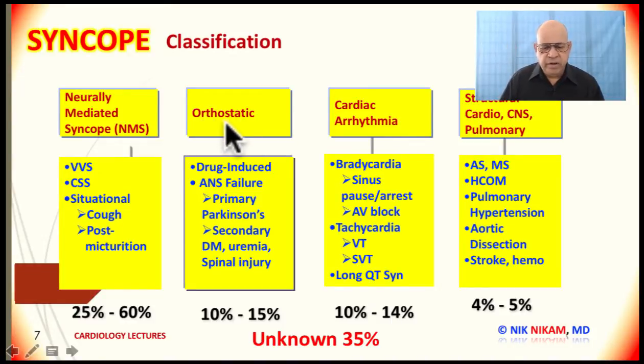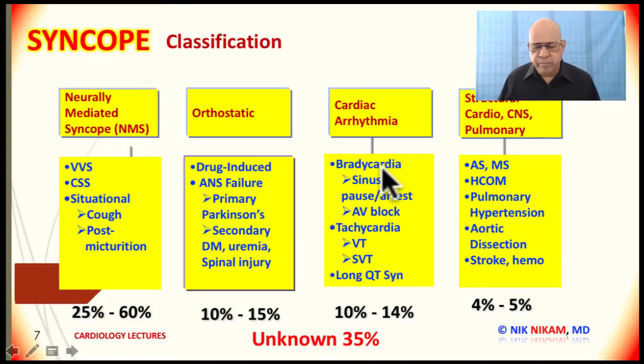Orthostatic hypotension is generally seen in older individuals, especially those who are on multiple drugs. It can also be a primary problem, like in patients with Parkinson's disease, or it could be secondary to various conditions such as diabetes, uremia, and spinal injury that can lead to autonomic imbalance.